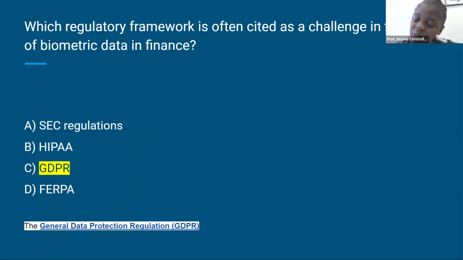Why? Because the question was asking which regulatory framework is often cited as a challenge in the use of biometric data in finance, because now it's dealing with many different countries, and they have to agree to the law, or they have to be compliant, right?